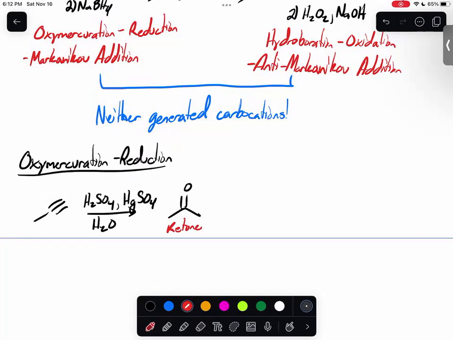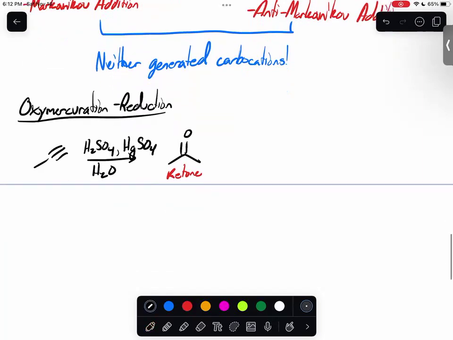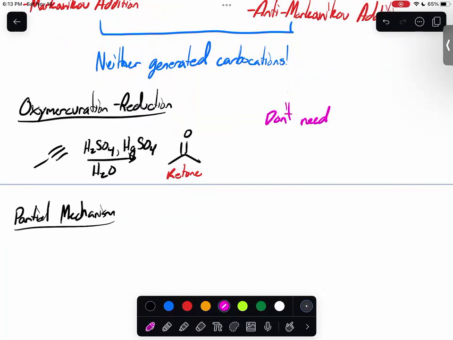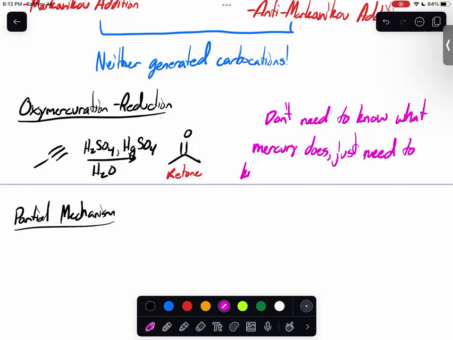So, how does this work? Well, we're actually only going to give a partial mechanism. Because the important thing about this is, and I'll write it up here, that we actually don't need to know what the mercury step does, just need to know the tautomerization.